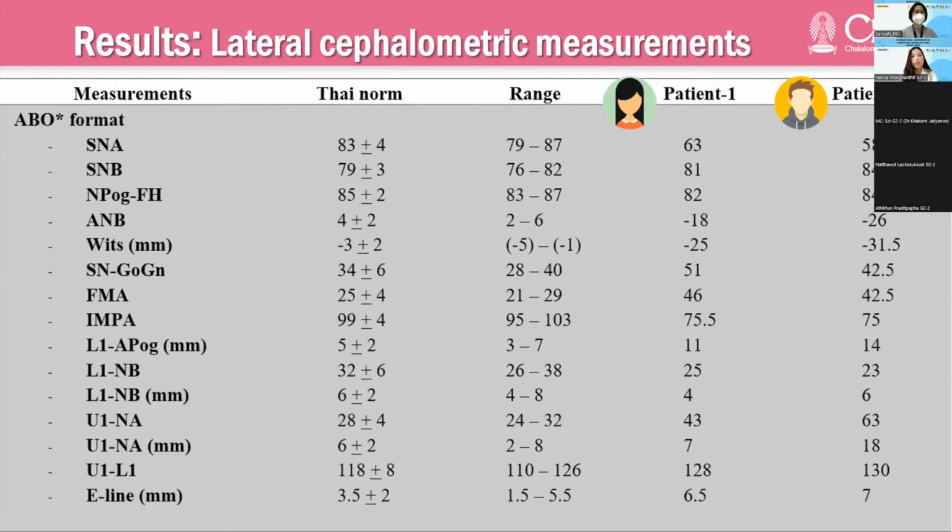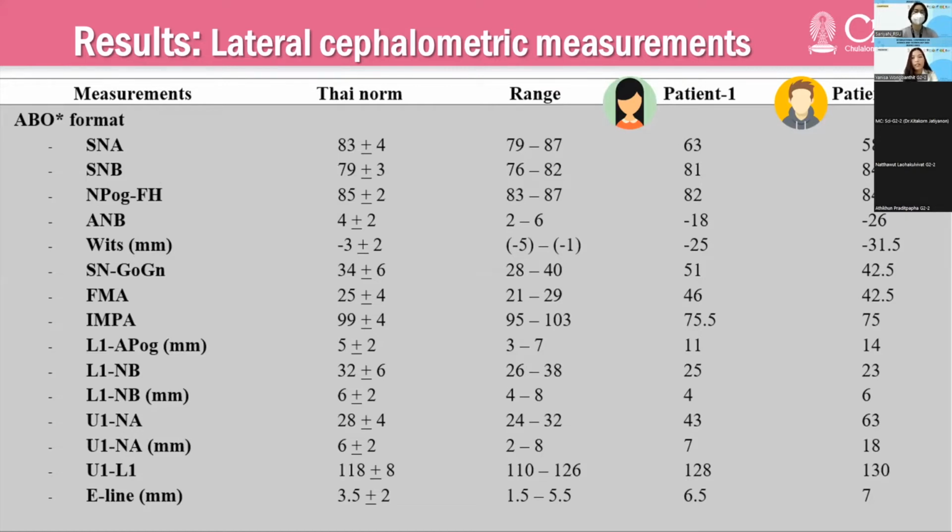About the lateral cephalometric measurement, in this study we based it on the American Board of Orthodontics and Rigorous analysis. Thai cephalometric norms were reported in previous studies. The cephalometric analysis of patient 1 and patient 2 is displayed in the table, based on the American Board of Orthodontics format.